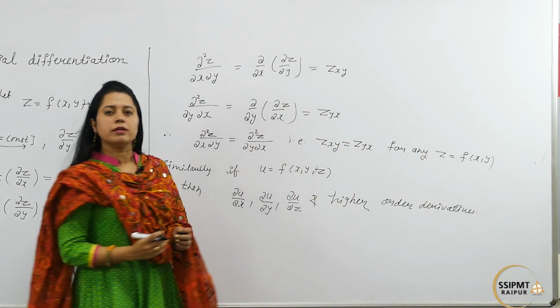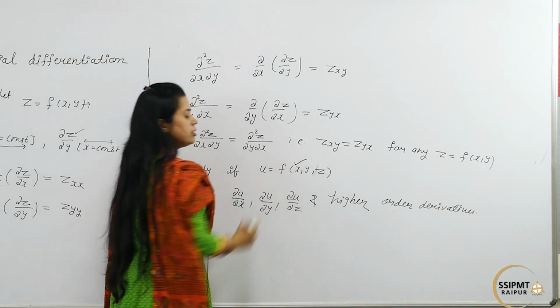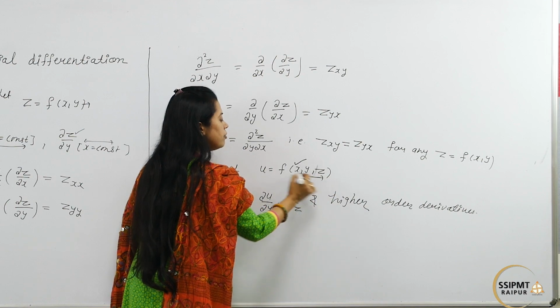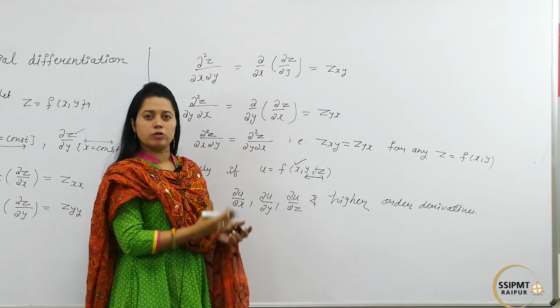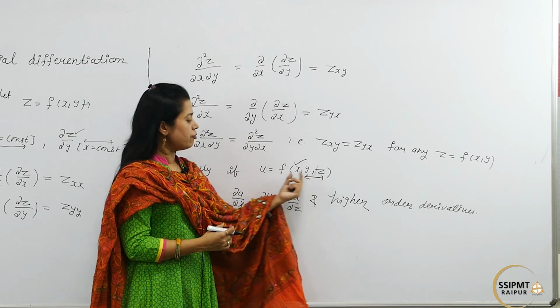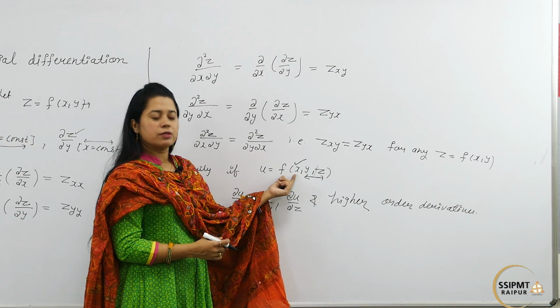The only key point is, when we are differentiating with respect to x, we have to treat the other independent variables as constants. Actually, we are ignoring the y and z part, and we are studying the rate of change of u with respect to x.